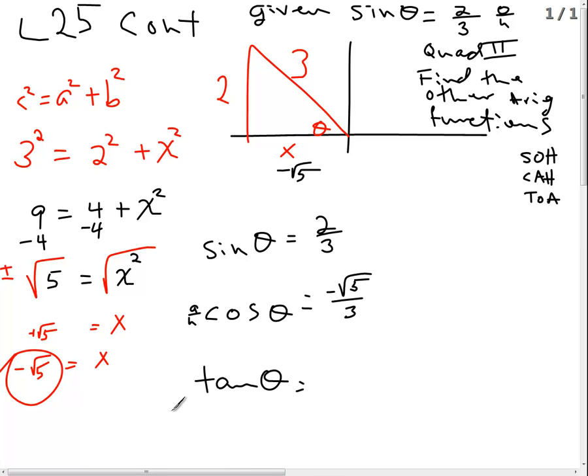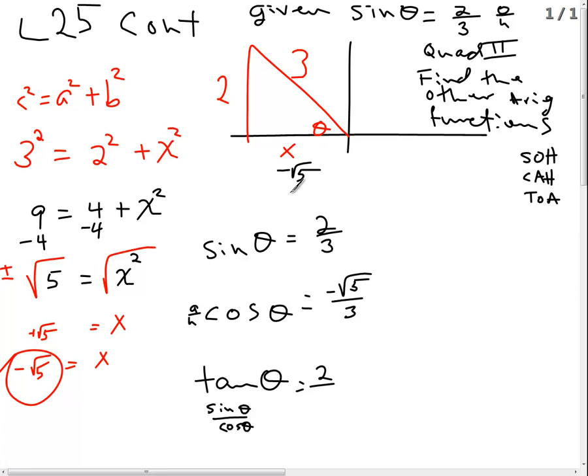And then tangent, what would that be, Sydney? For a ratio. Okay, well, actually, tangent is going to be sine over cosine. I think what you're thinking of is cotangent. But tangent is opposite over adjacent, right? So what's our opposite side? 2, right. Over adjacent, which is adjacent to our angle.